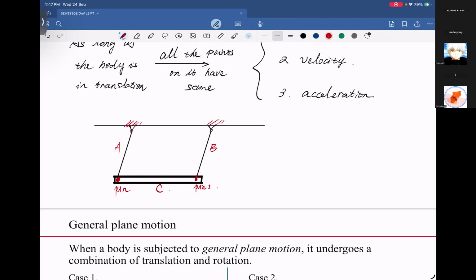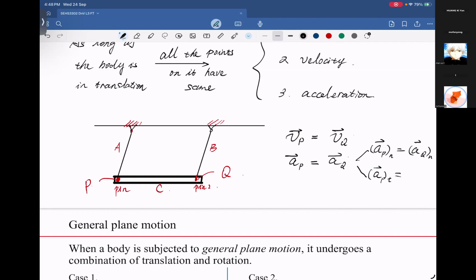So we take this point as point P, and this pin as point Q. In this motion, you should know velocity P totally equals velocity Q, and acceleration of P totally equals acceleration of Q. It has two parts: the normal acceleration of P equals the normal acceleration of Q, and the tangential acceleration of P equals the tangential acceleration of Q. Everything is the same as long as the rigid body is in translation.